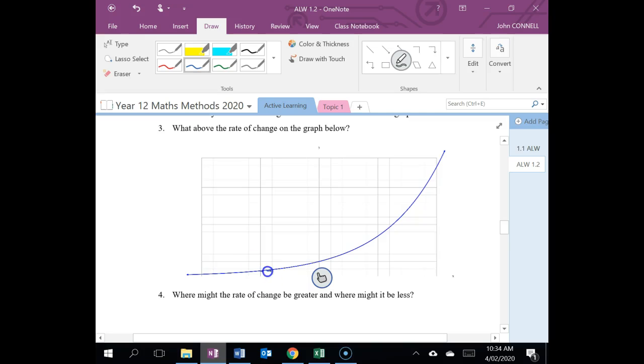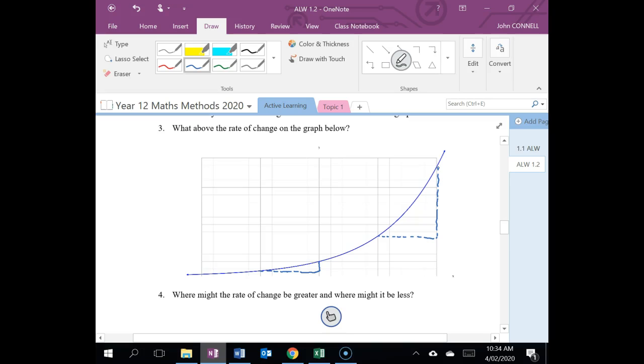Let's take a unit of 1, going across 1 hour and then up. My volume has not increased very much. But if I take a later time, my volume's actually gone up quite a lot. So here, my change is greater. Here, my change is less. It's not constant, as you said.